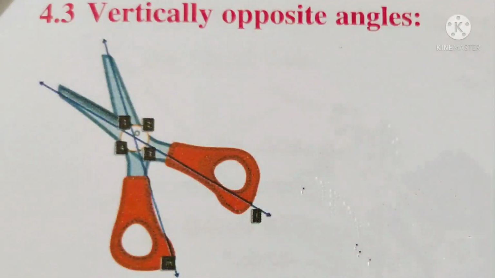Next is vertically opposite angles. Look at the picture of scissors. Observe the angles marked in the picture. How many angles do you observe in the scissors? They are angle 1, angle 2, angle 3 and angle 4.